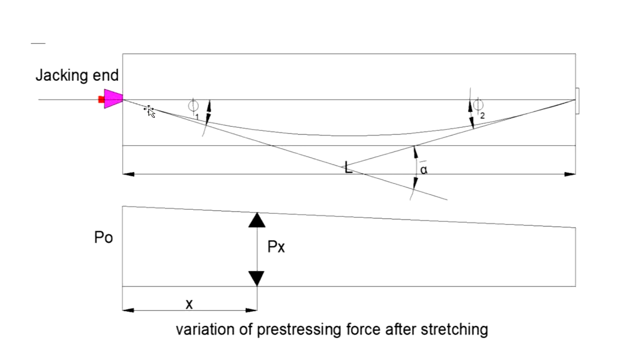Let us consider it is a simply supported beam, so the slope will be maximum at the ends. So how do we calculate that slope and where the maximum force occurs? You can see here P naught, the maximum force or initial pre-stress, but it goes on reducing at a distance x.